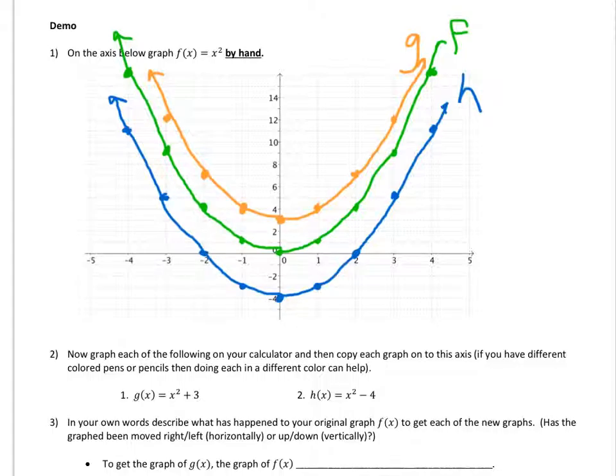So in your own words, we want to describe what happens to the original graph of F to get each of the new graphs. Has the graph been moved left, right, horizontally, or up and down, which is vertically? So G was F shifted up, and H is F shifted down.